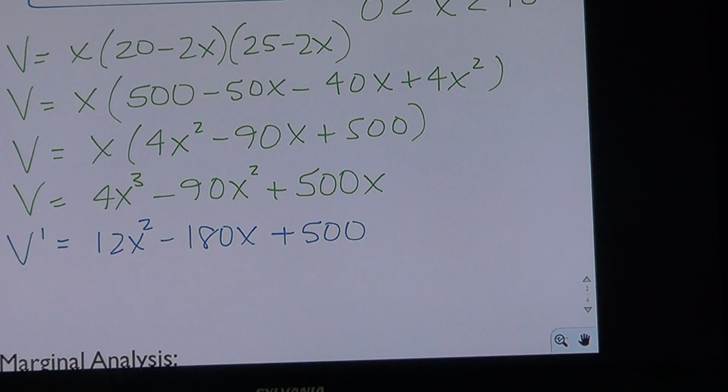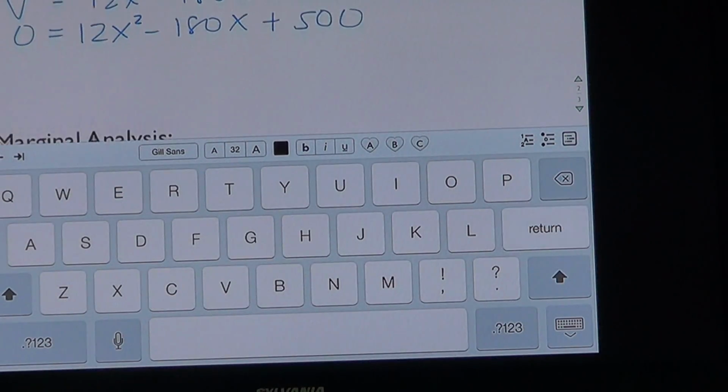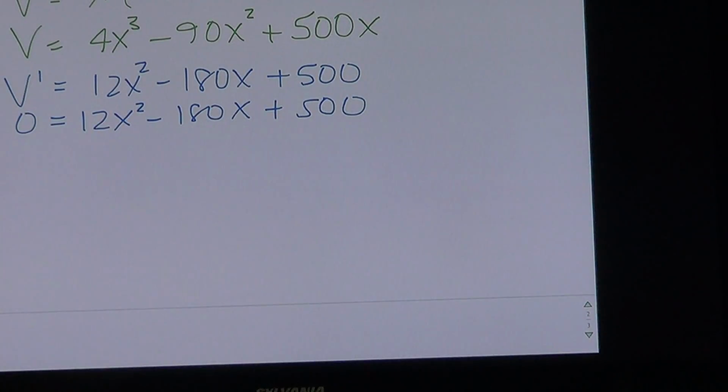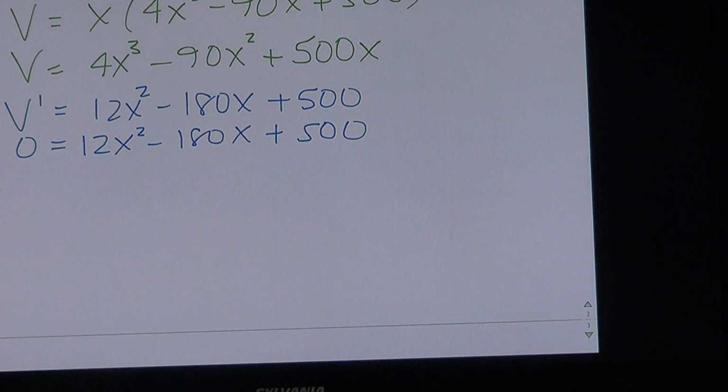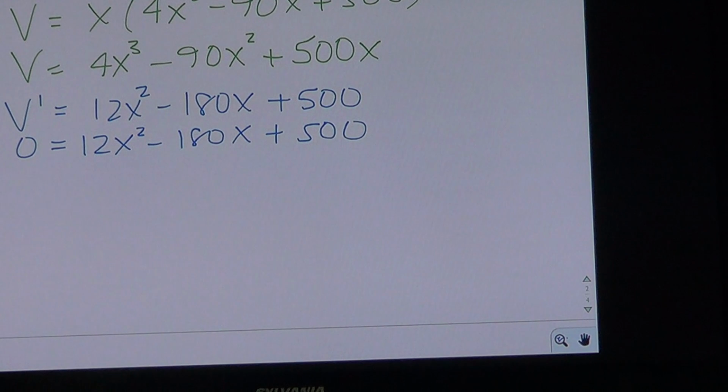And so we're trying to find the max, so we set that equal to 0. Okay, and then what would we do? Quadratic formula.